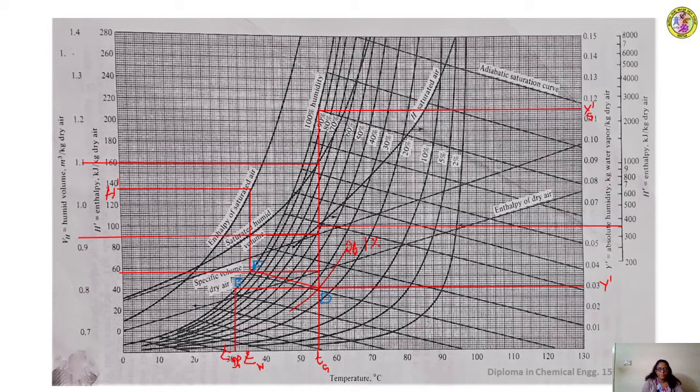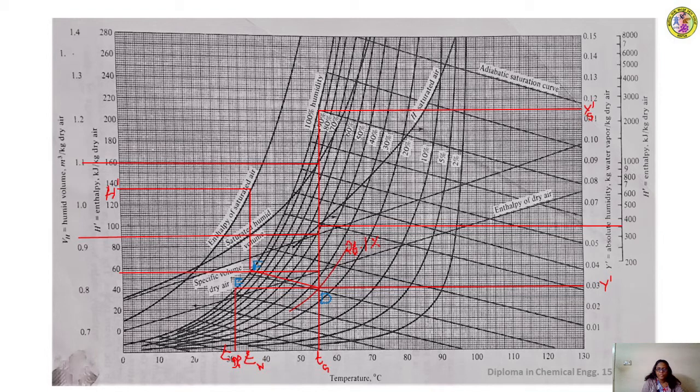From point F, if you draw a straight vertical line, this line will cut the enthalpy of saturated air line, from where you can read the enthalpy of the given vapor gas mixture, H dash. Then the straight line drawn from the dry bulb temperature Tg is meeting another curve that has been plotted as the enthalpy of saturated air.